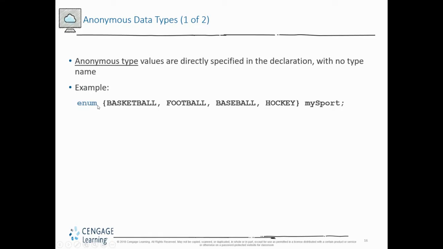So it could also have been done just enum, the values, and then put that in a different variable. Doesn't, to me, make a lot of sense to do that since you already had a variable sports. If you want to use those in another way, then yes, you would declare a variable on sports. But here they're taking away the name and just using an anonymous reference, meaning just taking these values and assigning them to my sport.